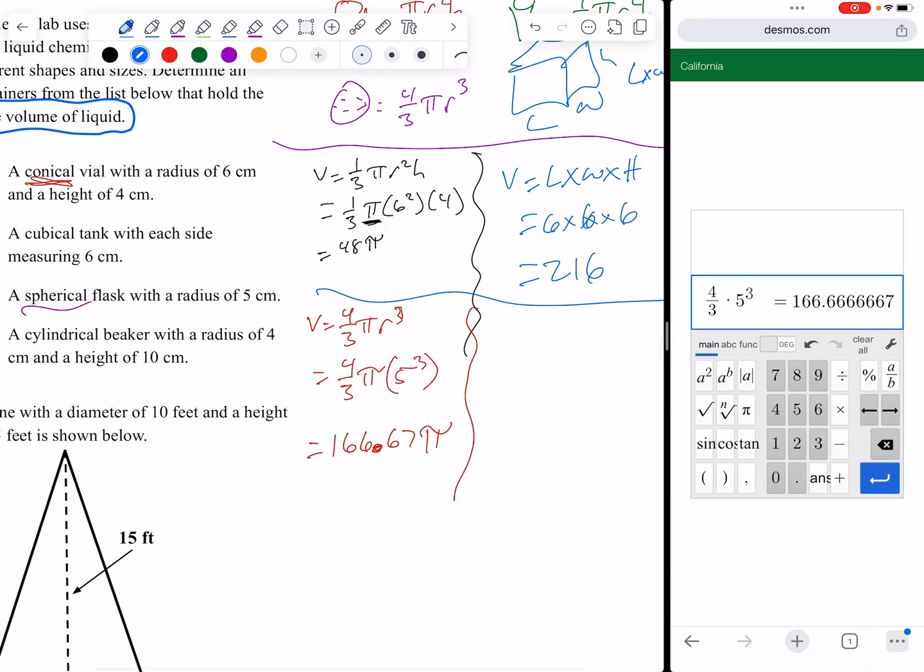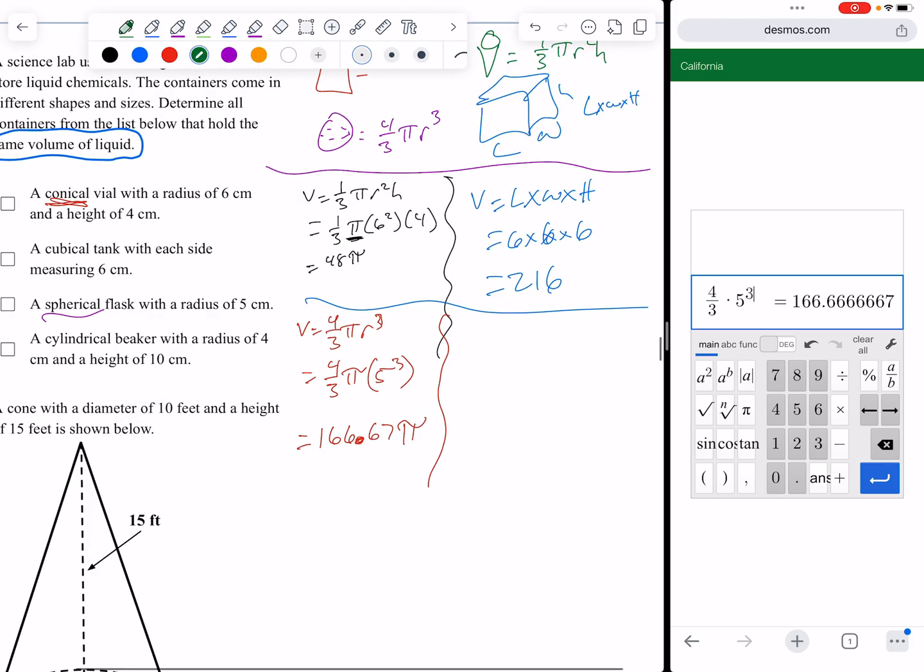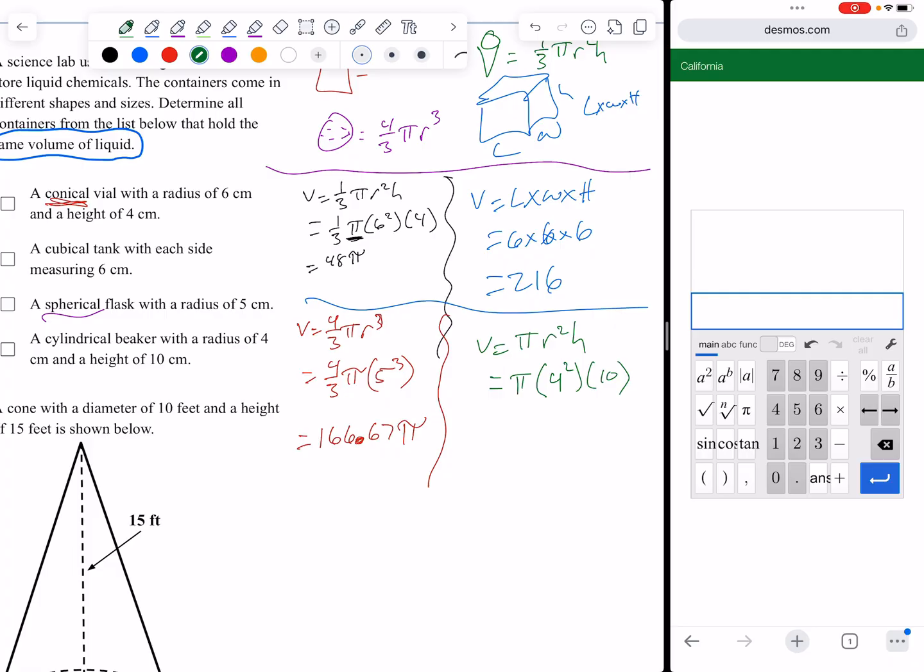And then finally, a cylinder. Volume equals pi r squared h. My r is 4, I square it, my h is 10. So I get 4 squared times 10, and that gives me 160 pi.